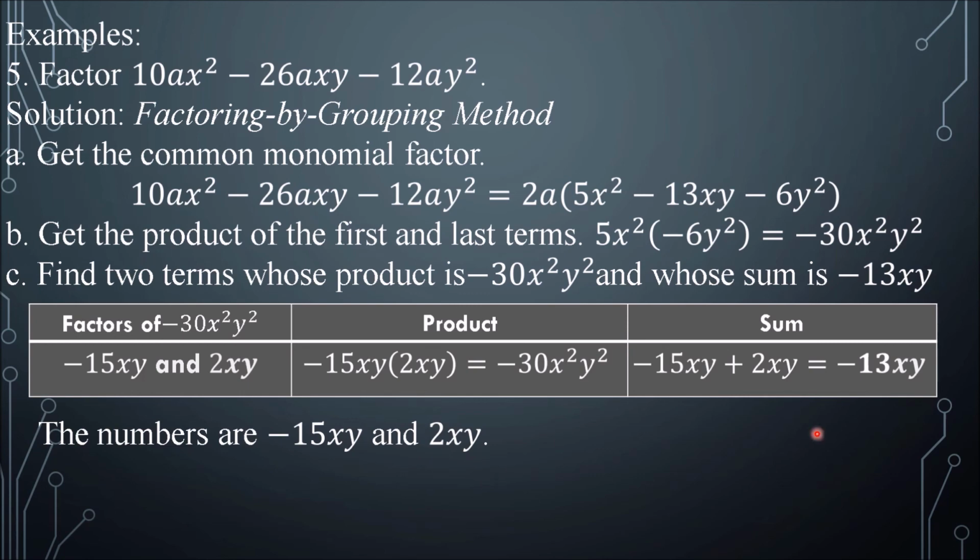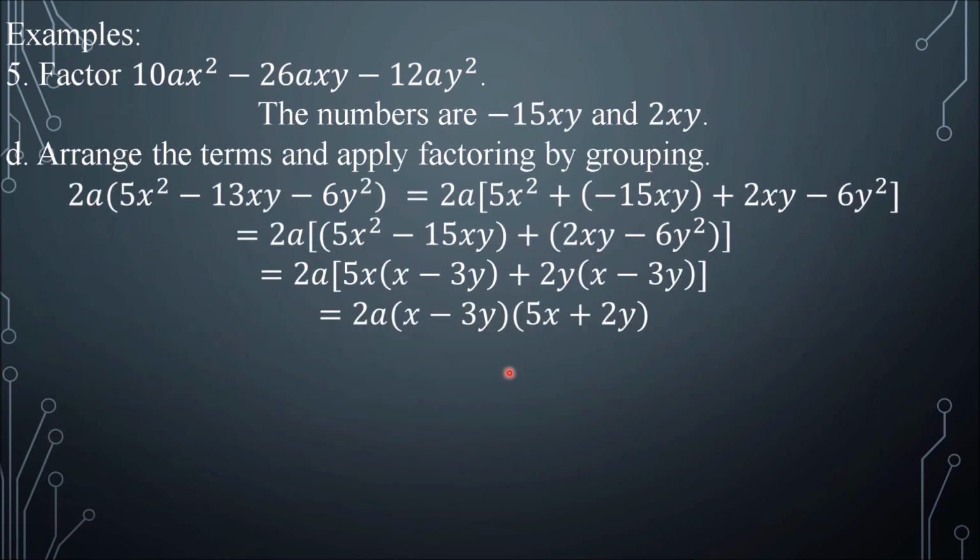Now, we're not yet done. Since the two numbers are negative 15xy and 2xy, we will use that in factoring by grouping. So, first, 2a times 5x squared plus negative 15xy plus 2xy.